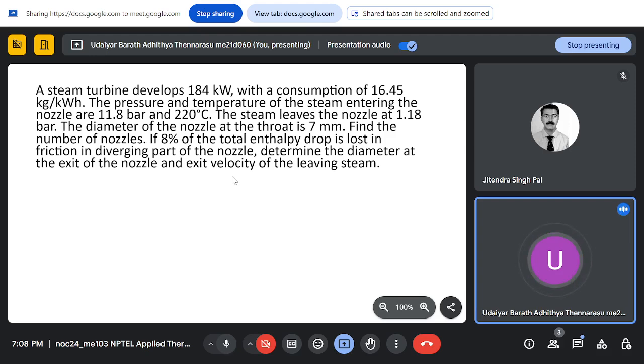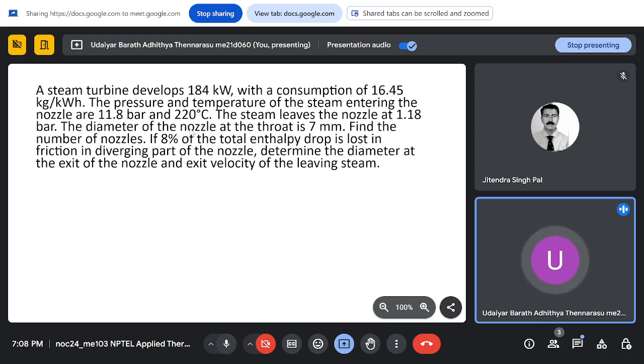Okay, so I'll move on to the next question. So we have a steam turbine which develops 184 kilowatt with a consumption of 16.45 kg of steam per kilowatt hour. The pressure and temperature of the steam entering the nozzle are 11.8 bar and 220 degrees Celsius.